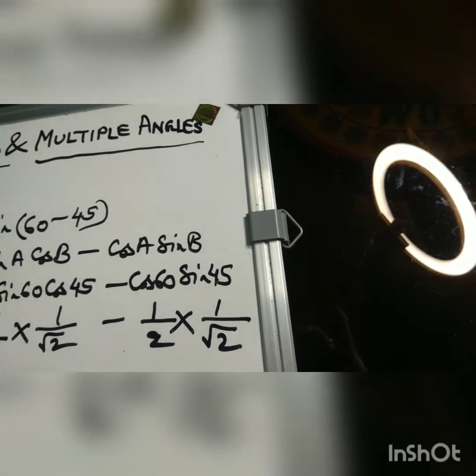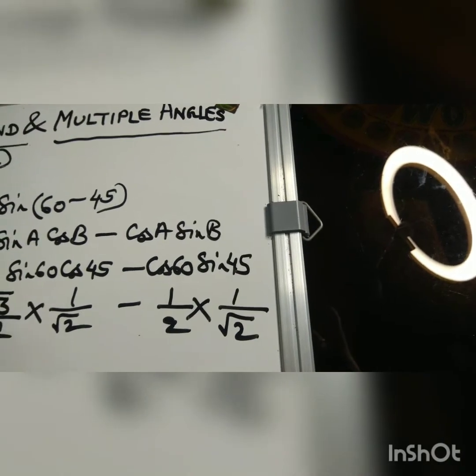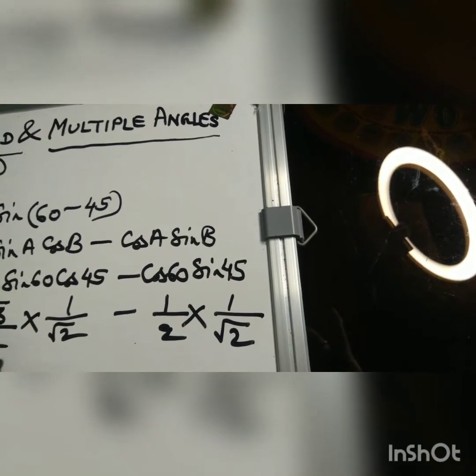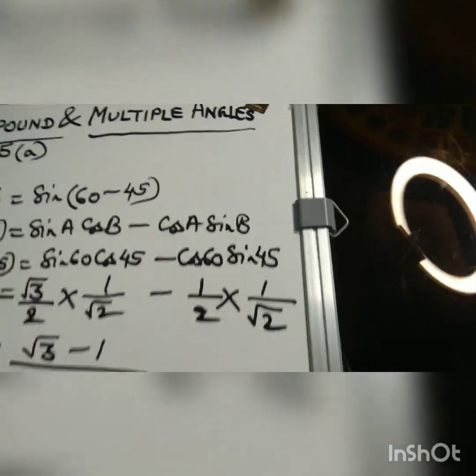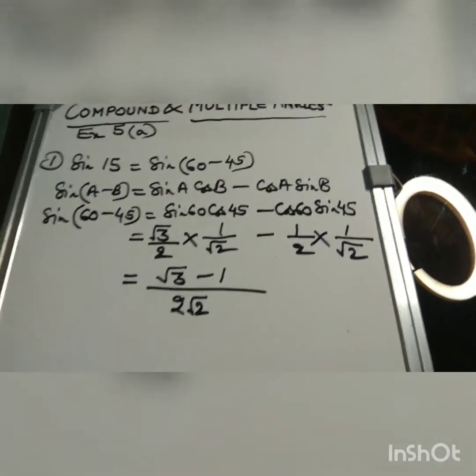Finally, if you simplify, you are getting 2 root 2 as denominator and root 3 minus 1. Hence, the final solution is this.